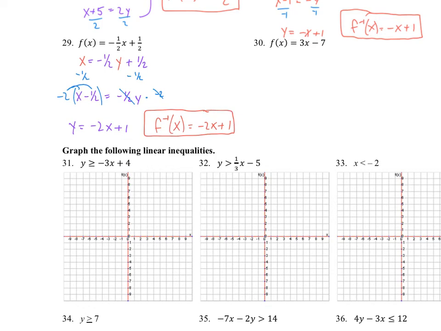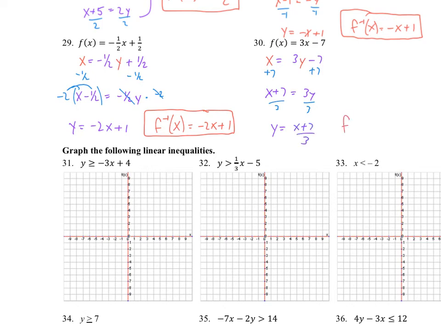And then last one of these, x equals 3y minus 7. So start by adding 7, x plus 7 equals 3y, divide by 3, divide by 3. y is by itself now, so y equals x plus 7 over 3.